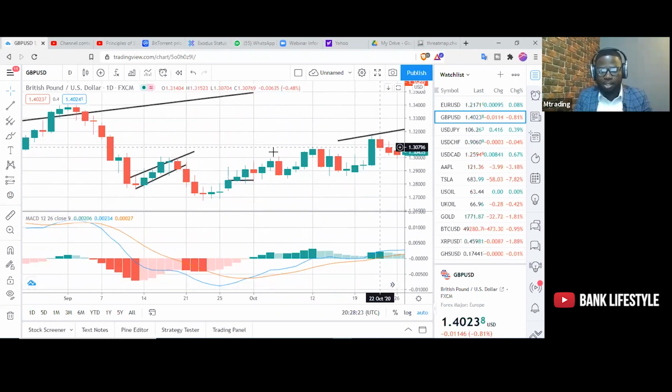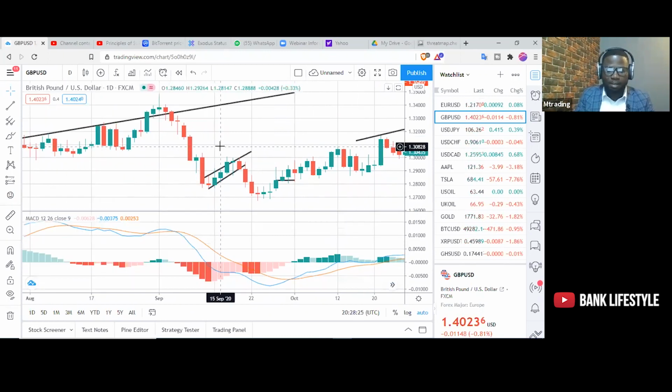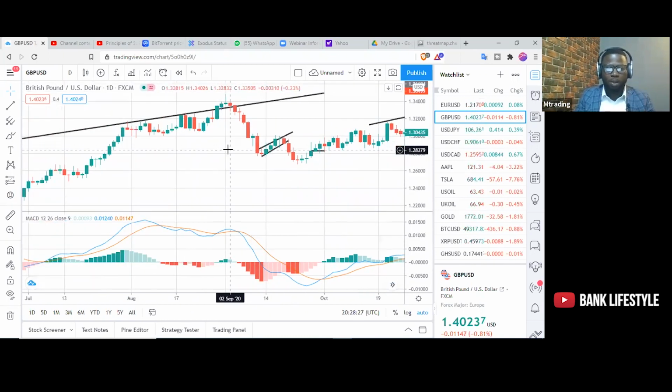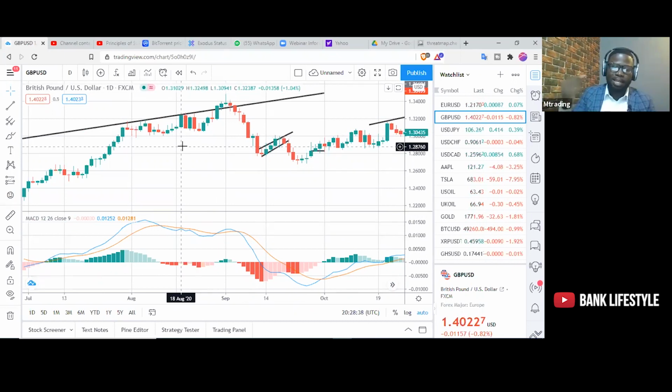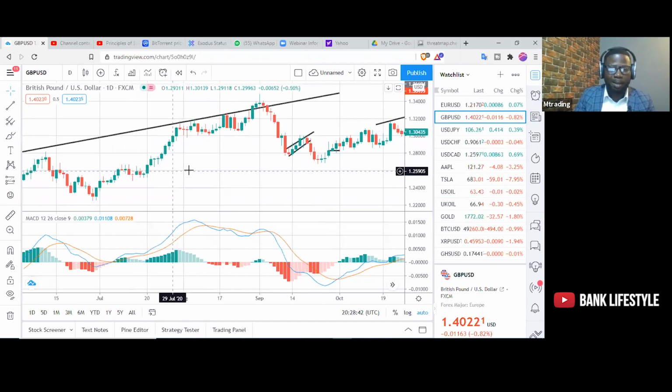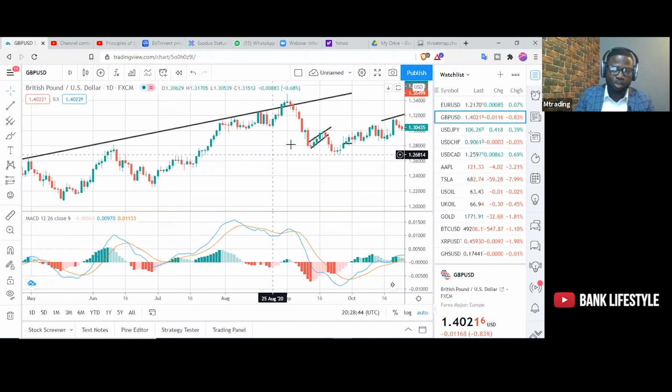So when using the MACD, you have to focus on the crosses. You have to pay critical attention to the cross because it could be the beginning of an uptrend or a reversal, or the beginning of a downtrend or a reversal. Guys, let me know your questions or any concerns when you have.